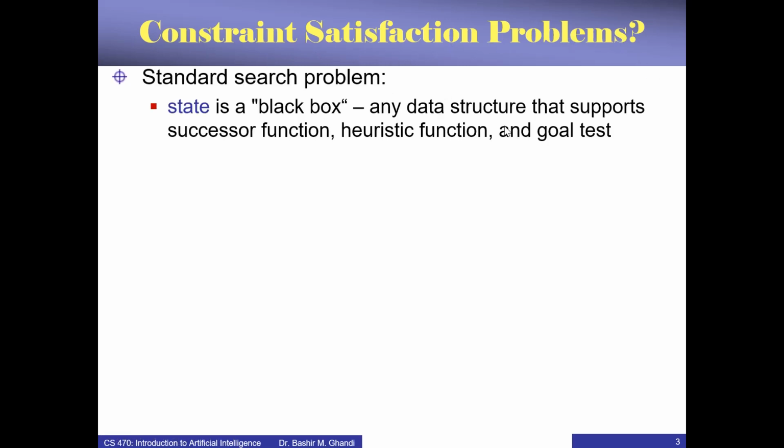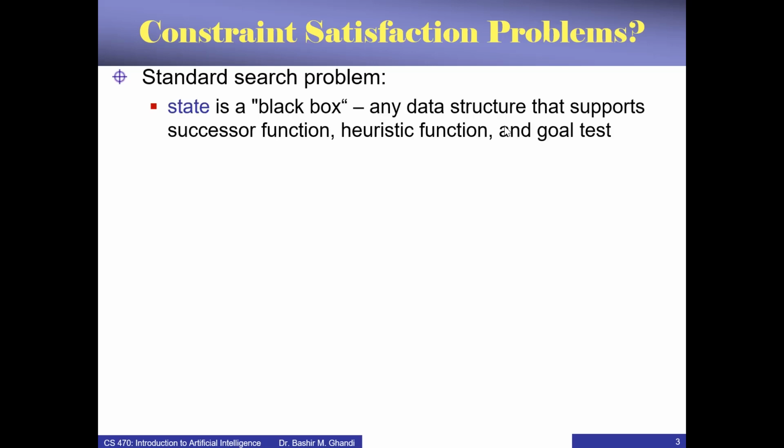From what we have learned so far in the search lectures, a state is considered as a black box, as an indivisible item, and any data structure that supports successor function, heuristic function, and goal test can be used to store states in a normal standard searching problem.